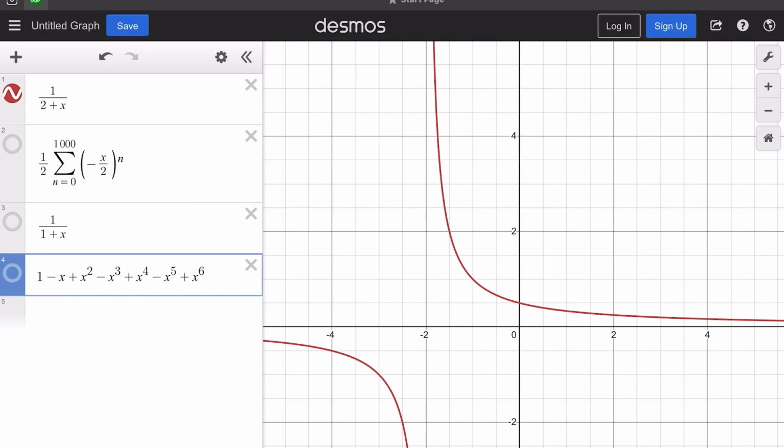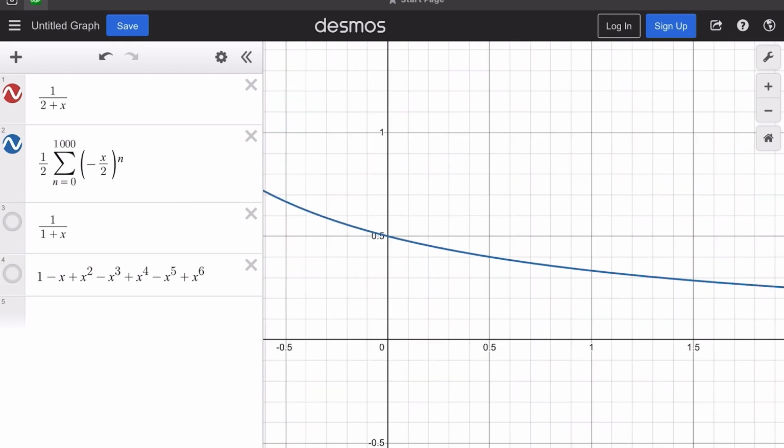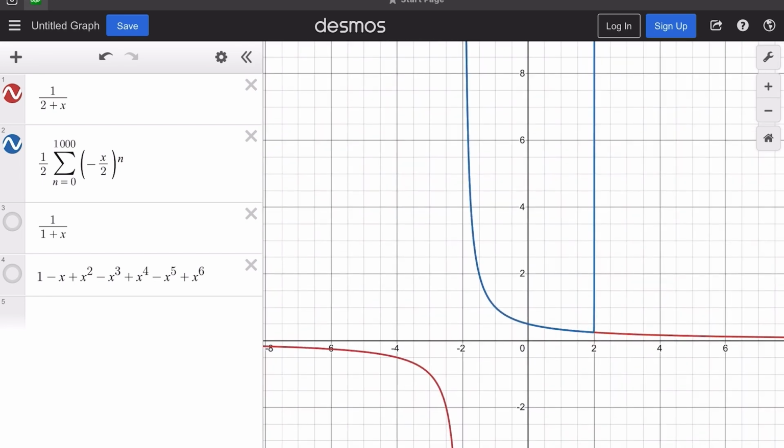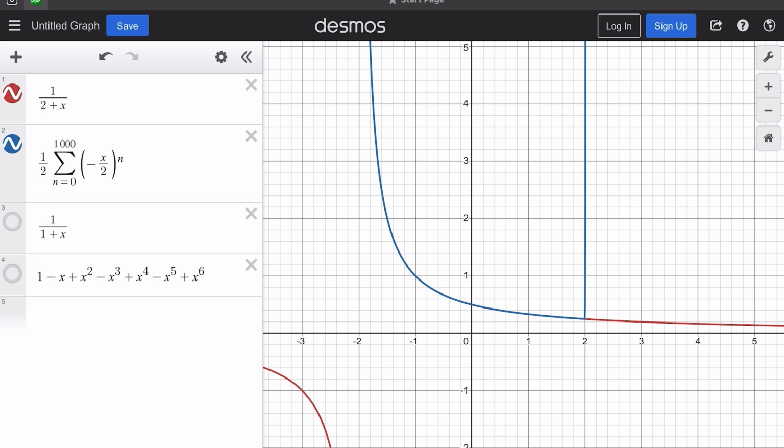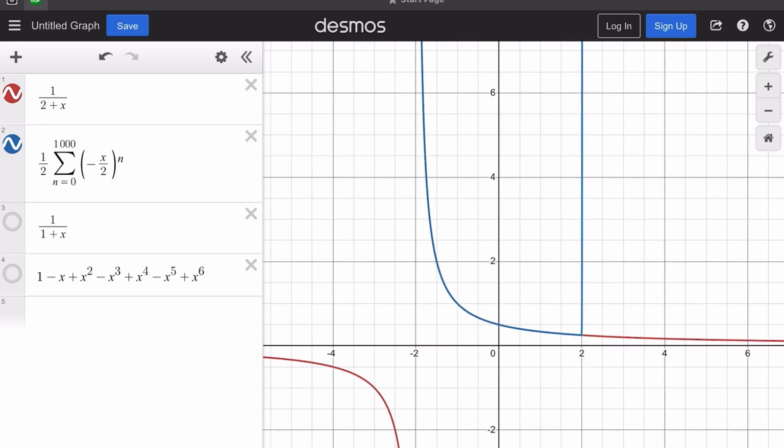Just Desmos doesn't really like it for some reason. And you're going to see that as soon as I graph it, it replaces that area almost exactly. Like you wouldn't really be able to tell that there was another function underneath that. But for some reason, it stops at that 2. So after that 2, our power series representation is really no longer valid.